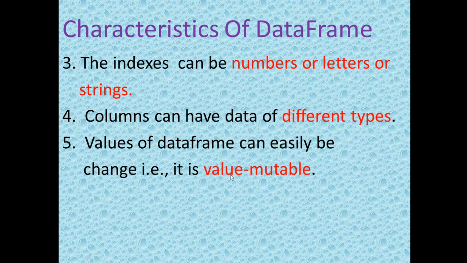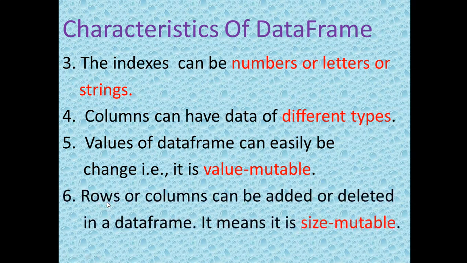So value is mutable, modifiable. If you have written a wrong value by mistake and afterwards want to correct it, it can be done in a data frame. The meaning of mutable is changeable or modifiable.